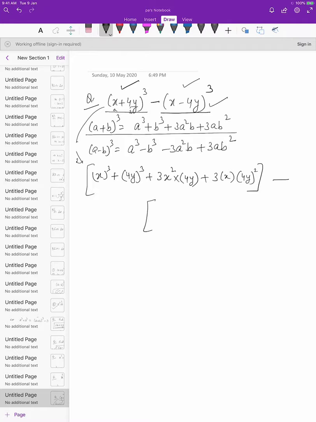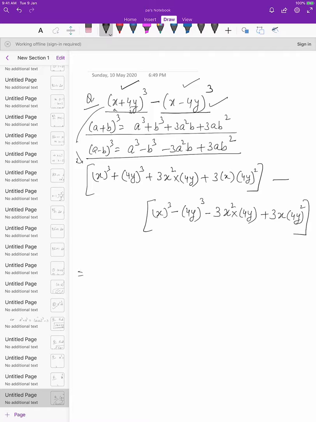So I will be using this identity for a minus b whole cube, that is x cube minus b cube, which is 4y whole cube, minus 3 into x square into b plus 3 into x into b square.